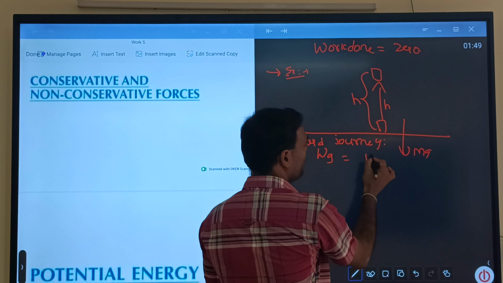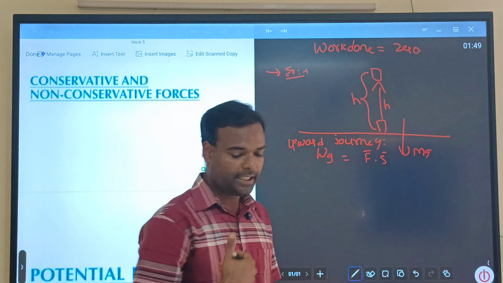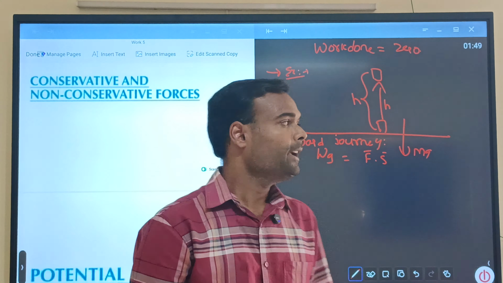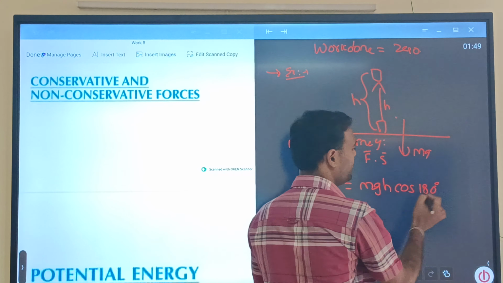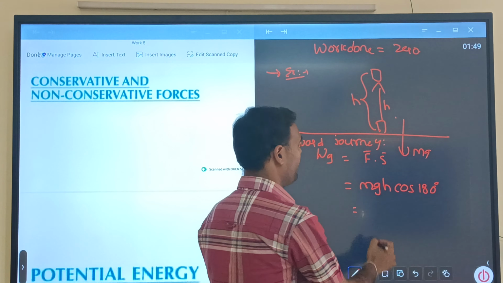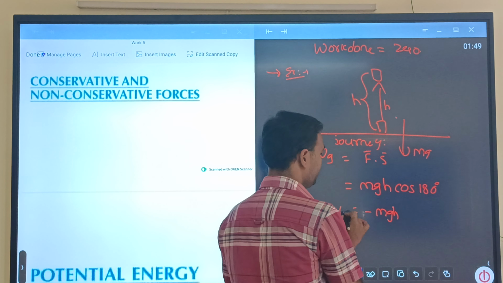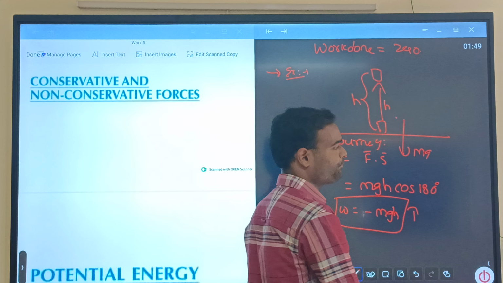Here we need the dot product: force is mg, displacement is h, and the angle between mg and h is 180 degrees, which gives minus mgh. This is the work done for the upward journey.